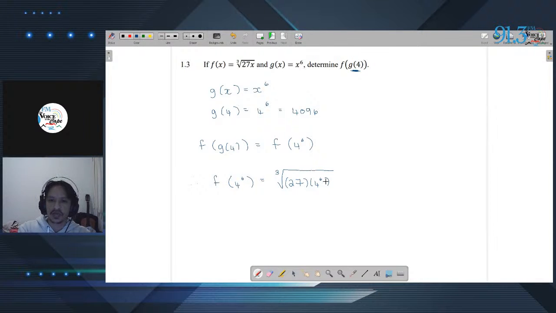Now, once again, this is where your exponential laws come in, and your laws regarding surds also come in. If you have a times b within the same surd, you can actually write it as the square root of a times the square root of b. Means the same thing, right? And we can test this, and I'll show you it's true.